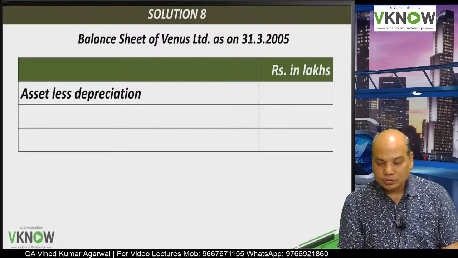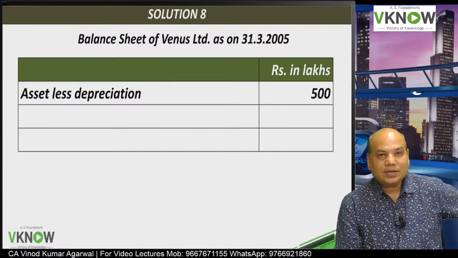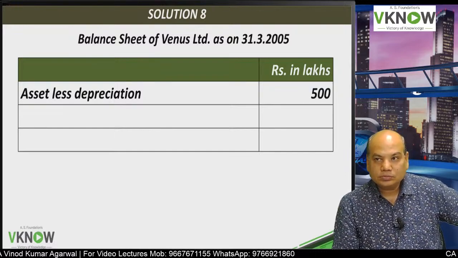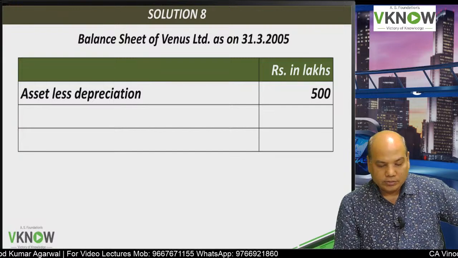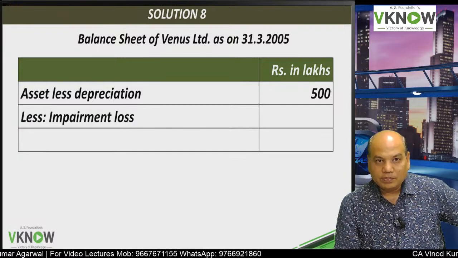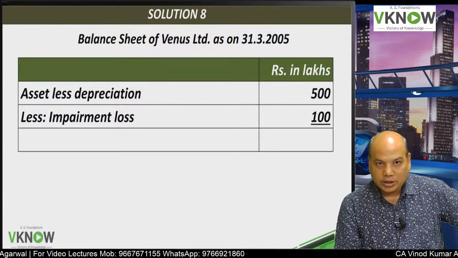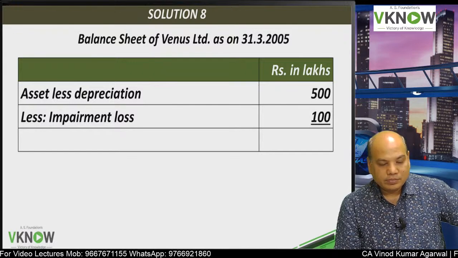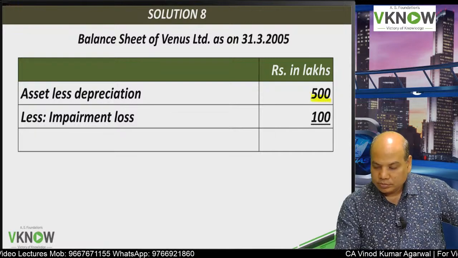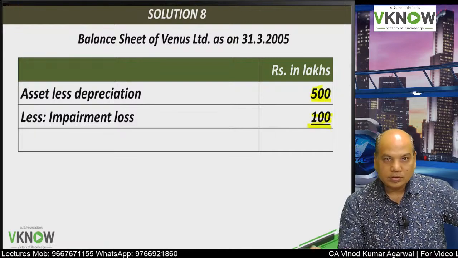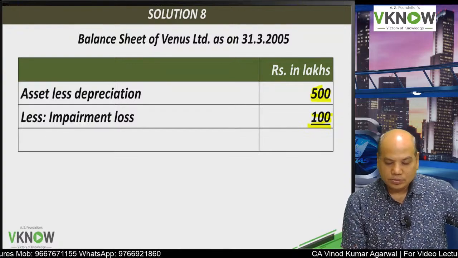In the balance sheet, you will write asset less depreciation 500, less impairment loss 100. Asset carrying amount is 500 given in the problem. Impairment loss we have computed 100.